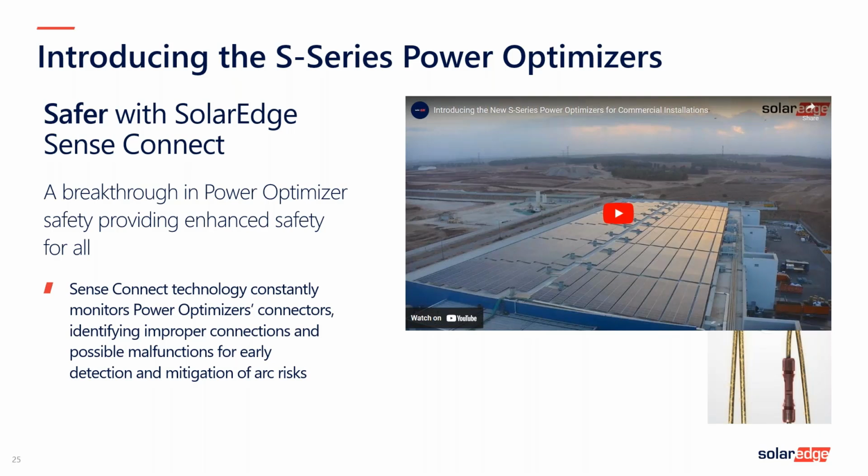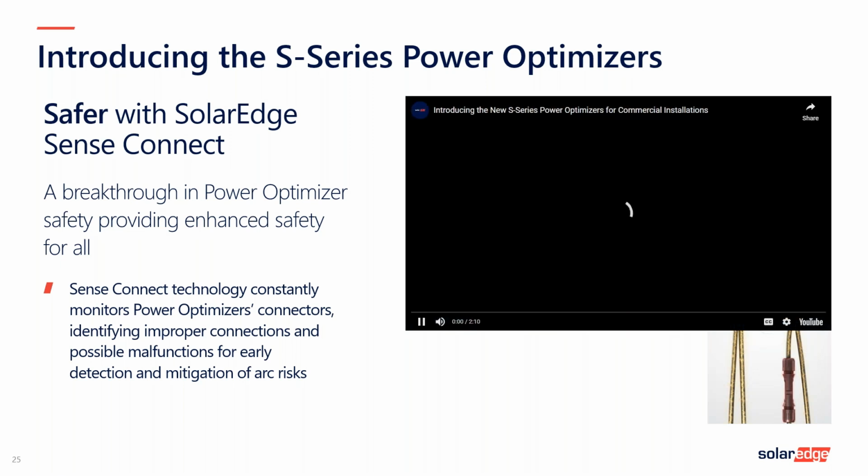The best feature about this optimizer is that we added a thermocouple in this optimizer. So it's an additional layer of safety because of the incidents in our industry regarding connectors. So what this does is it senses the temperature on the connectors, and if there is a temperature rise, it's gonna shut off the inverters and cease production. So just an additional layer of safety on systems.